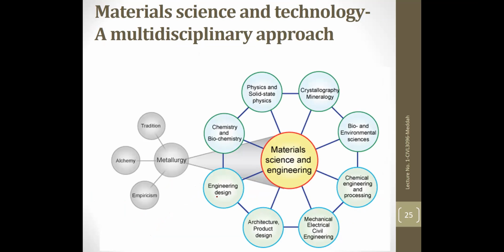You can see the interconnection or interaction between material science and crystallography, bioenvironmental science, chemical engineering and chemical processing, mechanical, electrical, civil engineering, architectural product design, engineering design, chemistry and biochemistry, physics and solid state physics, and also other disciplines related to metallurgy. So this is why we call it a multidisciplinary approach.